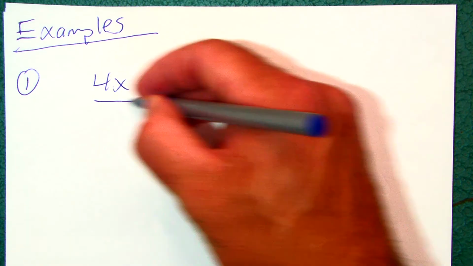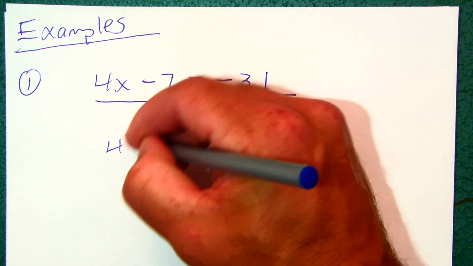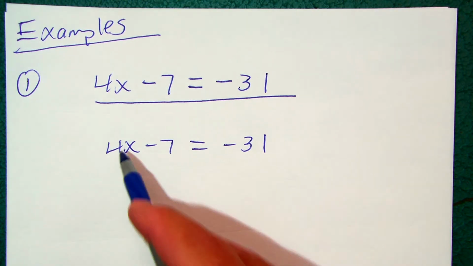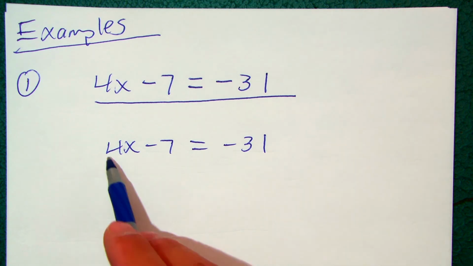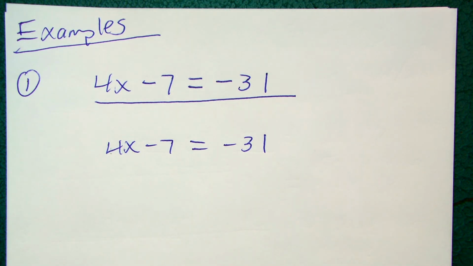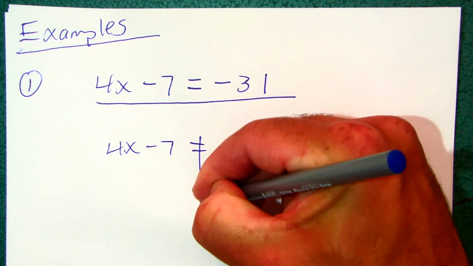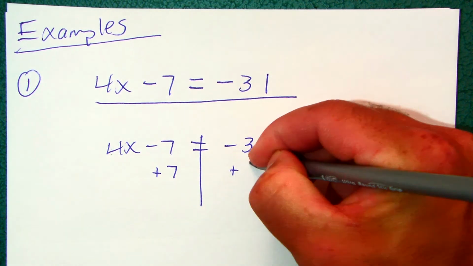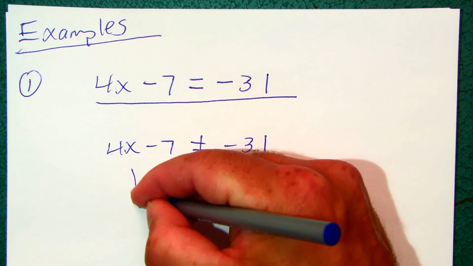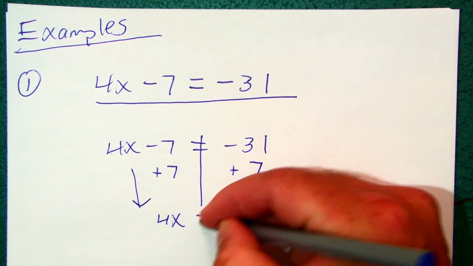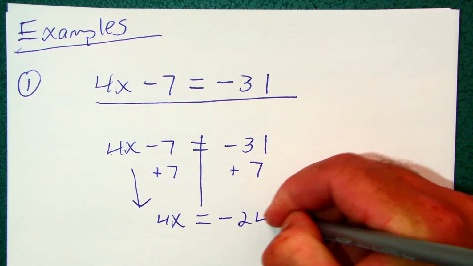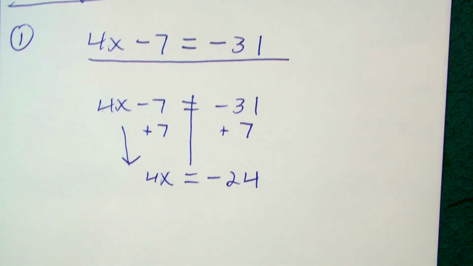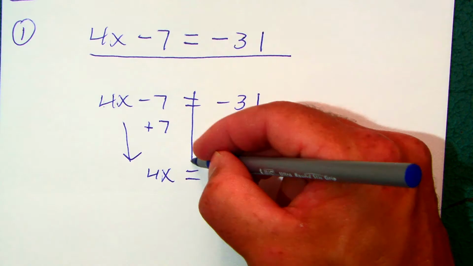So there's my original problem, and I'm just going to rewrite it down here. Our goal is to get that x by itself, so we want to get rid of the minus 7 and the 4. Take care of any addition or subtraction first. Since I'm subtracting 7 on the left, I'm going to have to add 7 to the right. My 4x just drops down, so I get 4x equals negative 24.